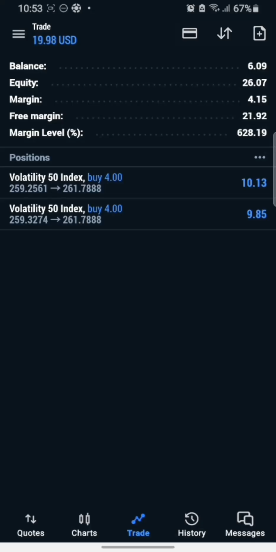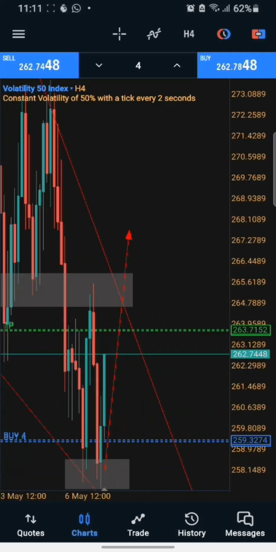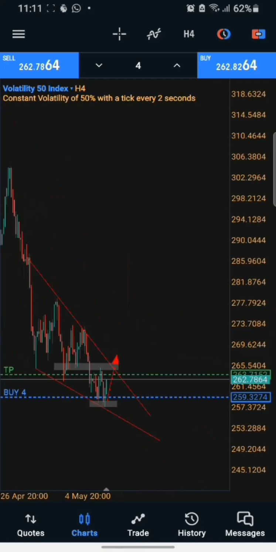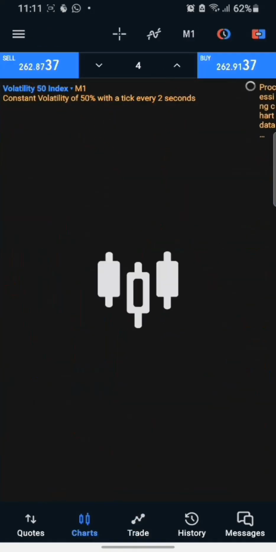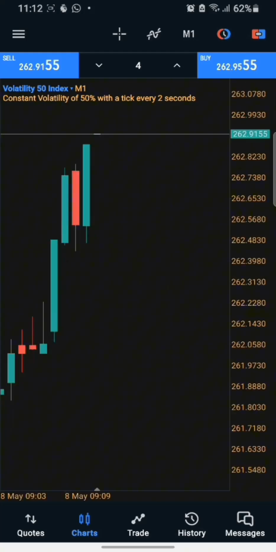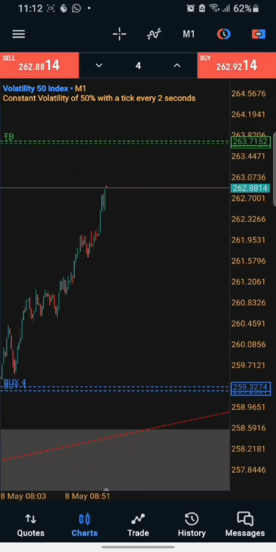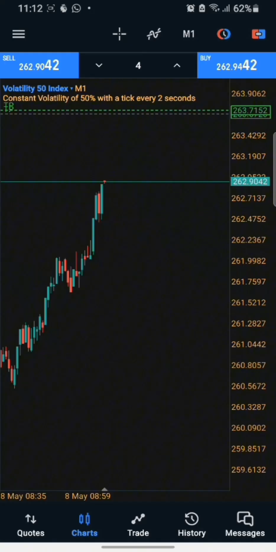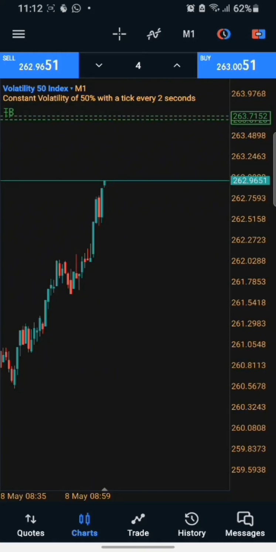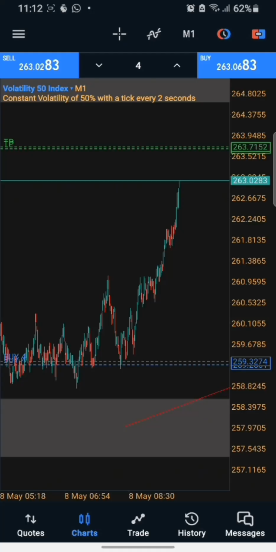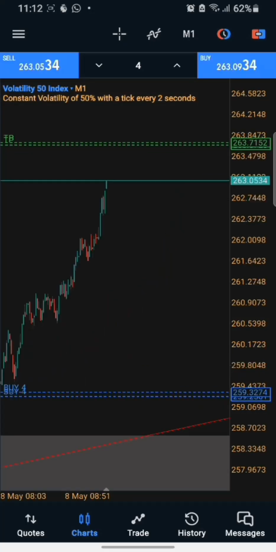As you can see, the market is headed towards that neckline. We are still going. So I'm aiming for this price to reach my TP while I'm still recording, so that you guys can see the market hitting my TP.